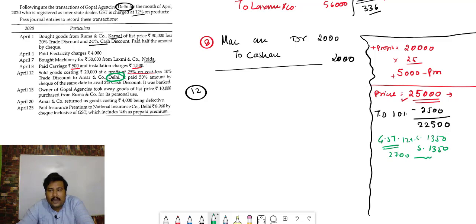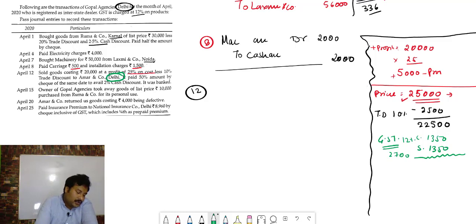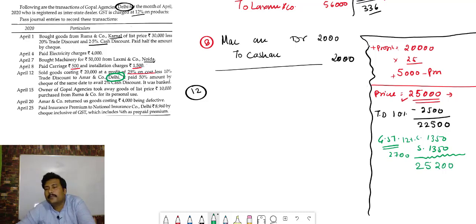So after GST, the total will be 22,500 plus 2,700, which is 25,200. This is the final amount we have to pay.